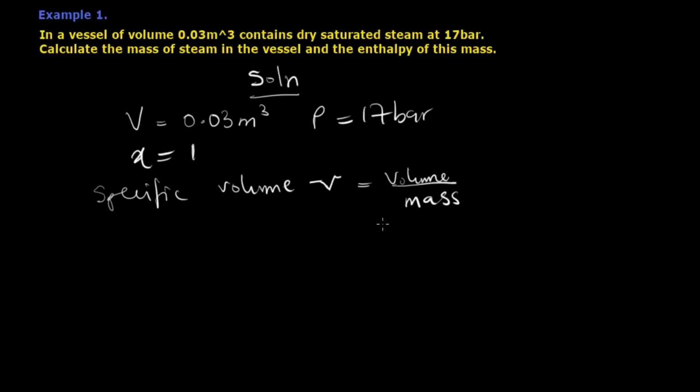They are specific when they have been divided by unit mass. So how do we get the specific volume? Remember that specific volume is equal to x vg, from the steam table.